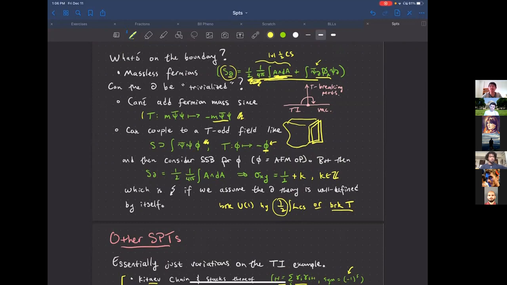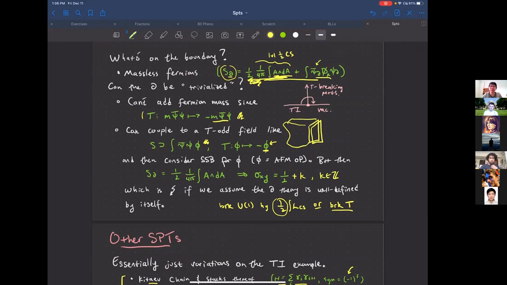Depending on the exact details of the phi that I add, there may or may not be spontaneous symmetry breaking for phi. But the claim was that the boundary theory can actually not be made trivial if you do this coupling.